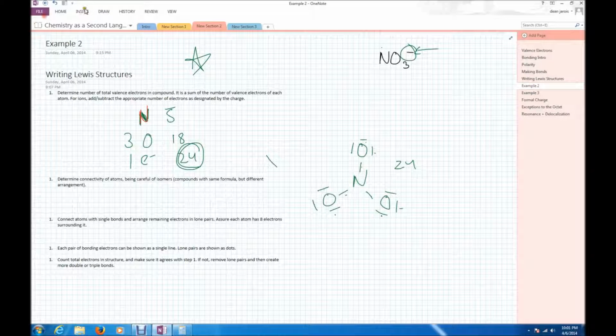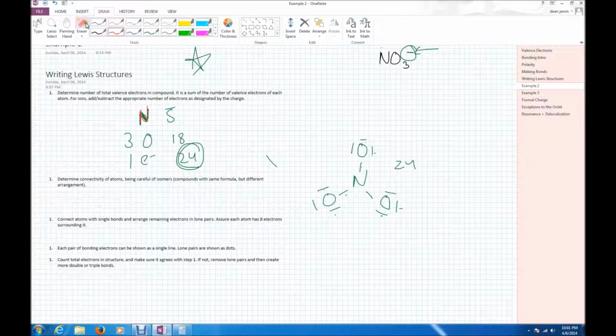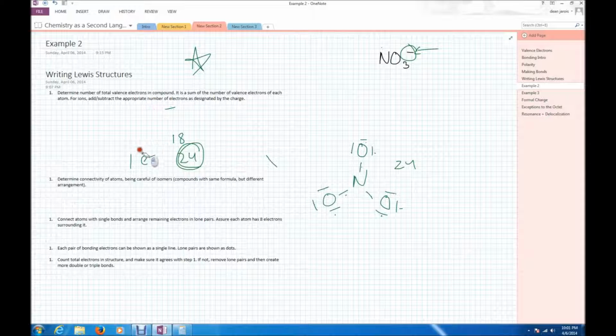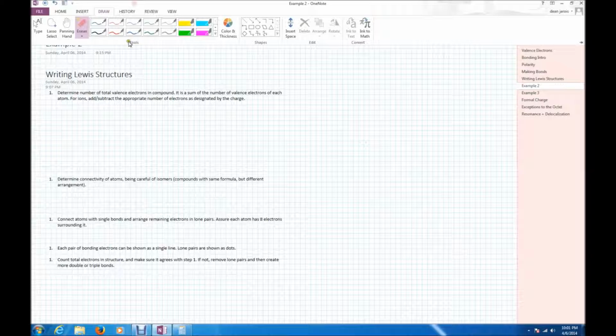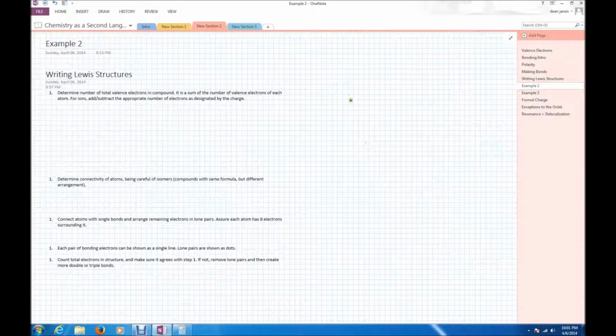So I'm just going to quickly erase everything from this page. Okay, so we got nitrogen, and it's connected to 3 oxygens and 1 lone pair.